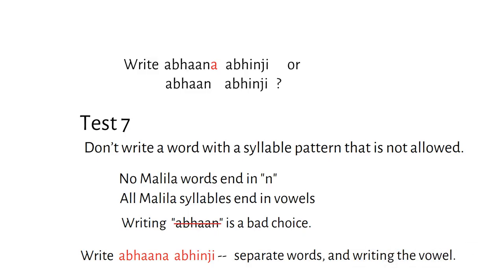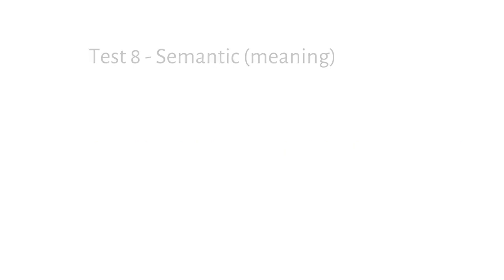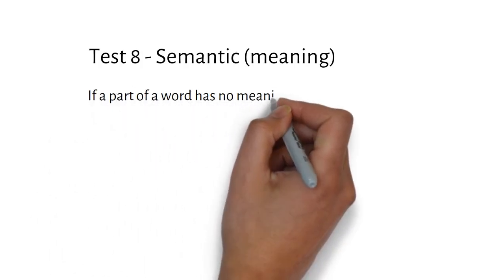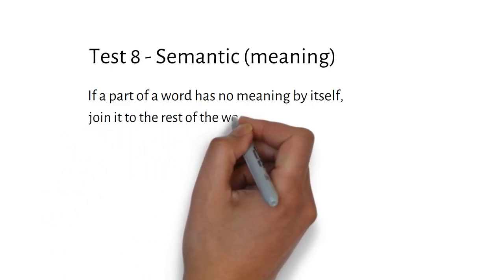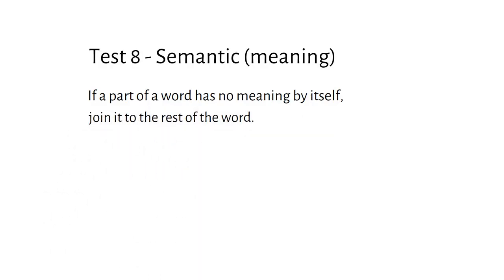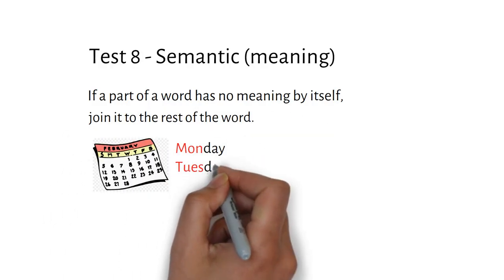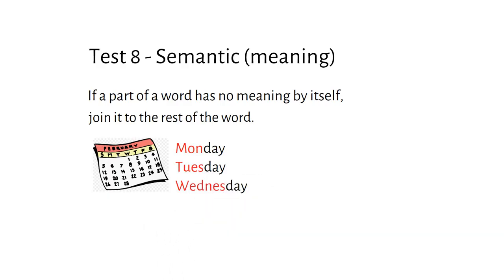This is getting long. Are there other tests? Actually, yes. These are based on the meaning, semantics. Test 8. If a part of a word has no meaning by itself, join it to the rest of the word. For example, English Monday, Tuesday, Wednesday, and so on.